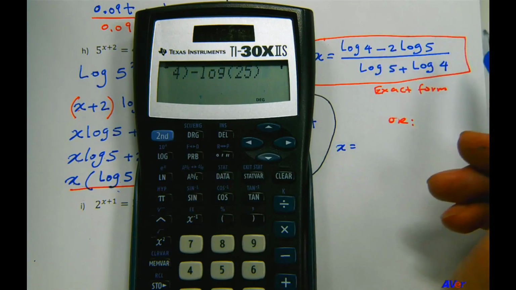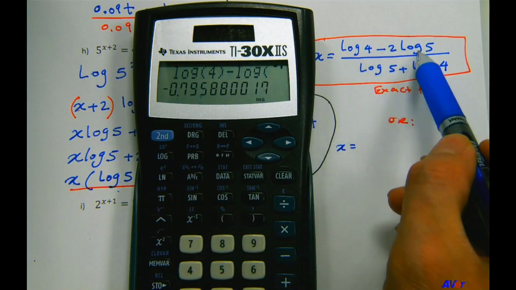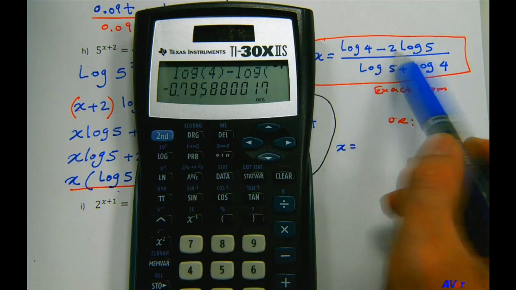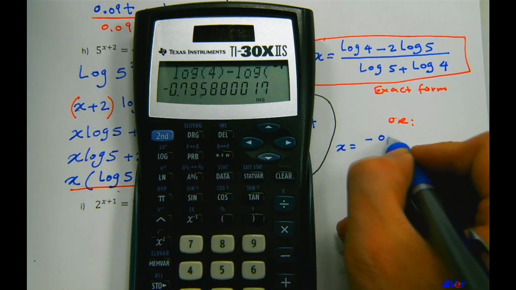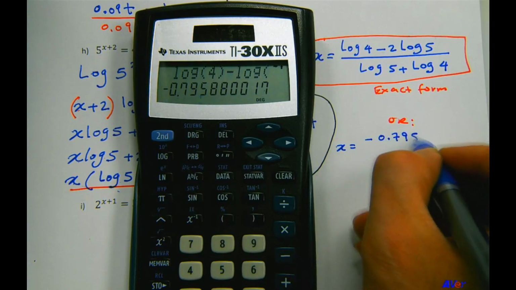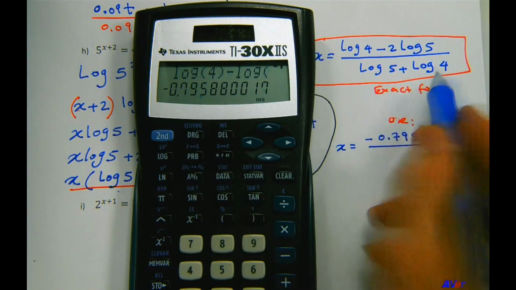It makes no difference. You get the same result. So log of 4 minus log of 25, or minus 2 log of 5, is this quantity. It's minus 0.79588 divided by log of 5 plus log of 4.